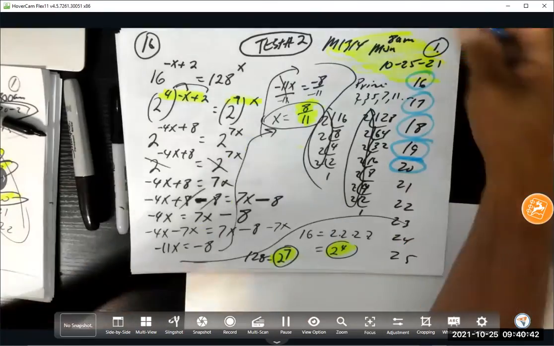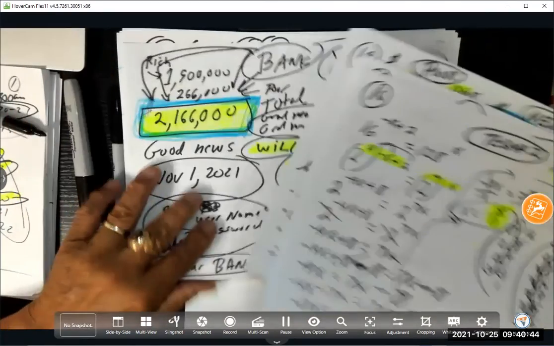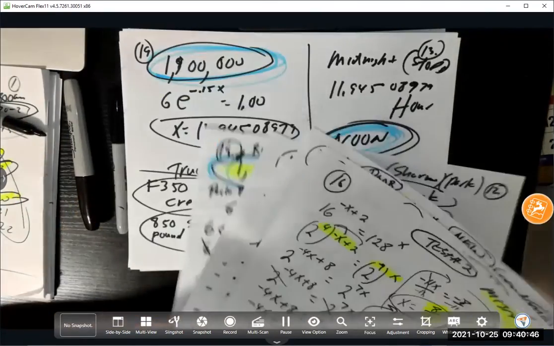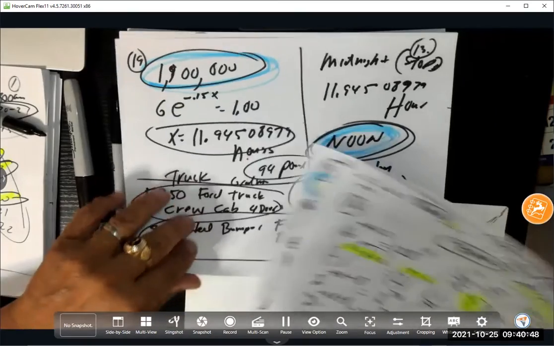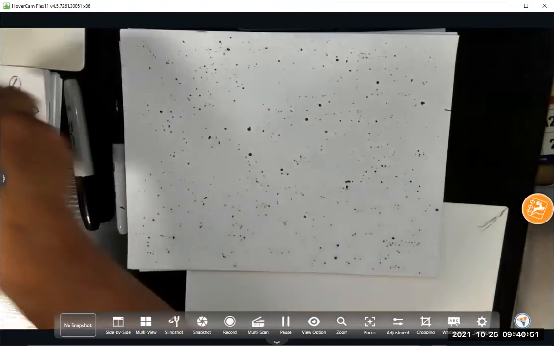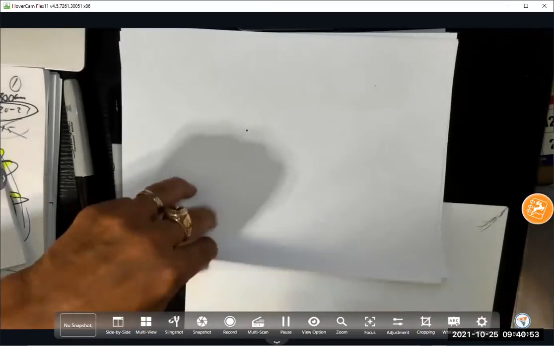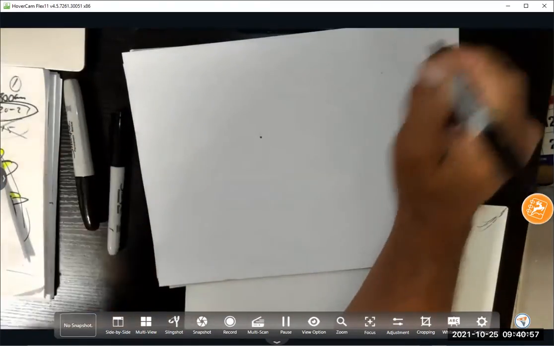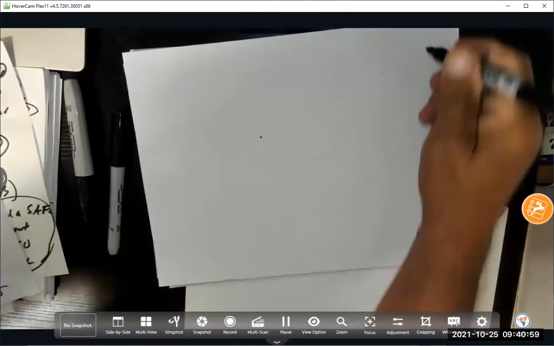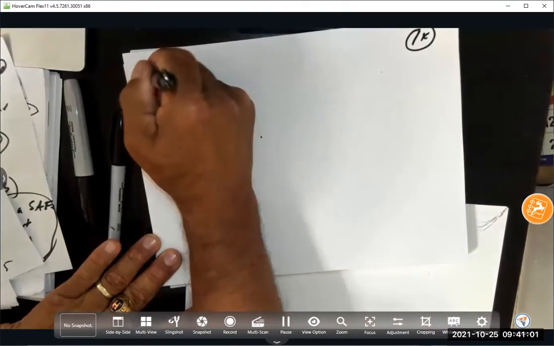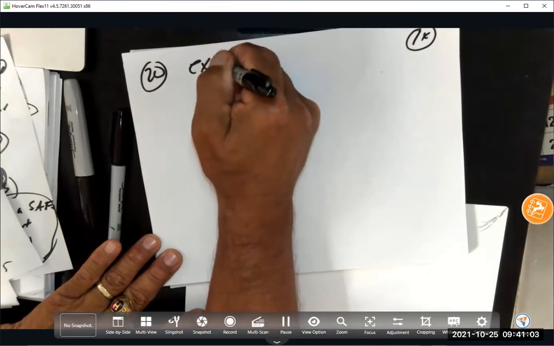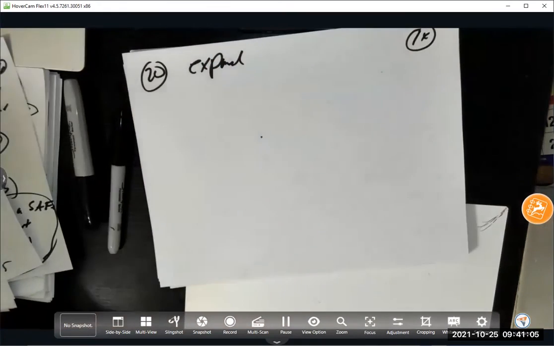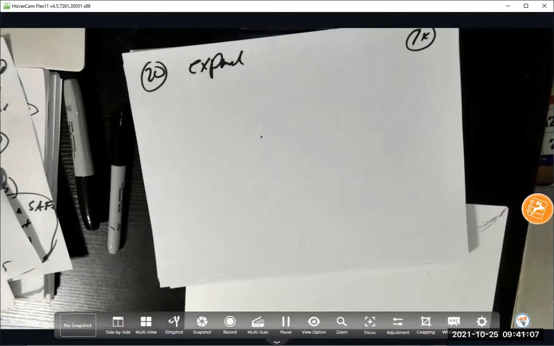In fact, just to make sure that anybody that's lost is okay, let me do number 20, and then we'll stop, okay? This will be the last one. Number 20. This is page 14, okay. Number 20, it says something like this: expand, and it looks like this.